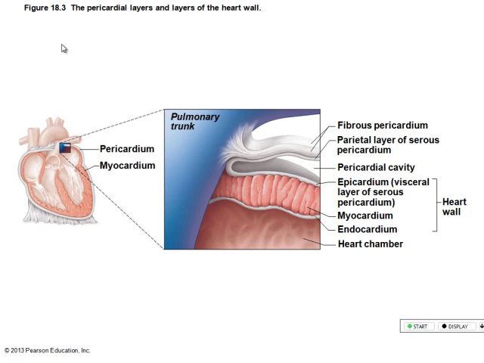So part of that parietal layer is fibrous and serous. So tough, protection, hold me in place covering, and serous makes my what? Fluid. The fluid is to decrease friction, and we find it in the pericardial what? Cavity. The other part is something called the epicardium, and that is visceral.